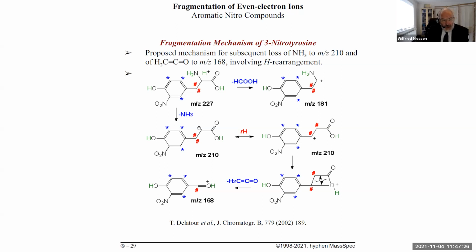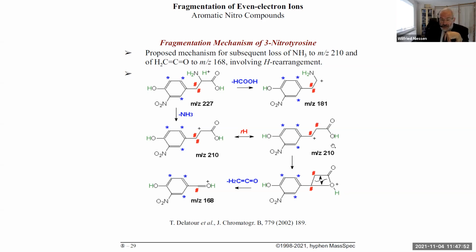I would expect that the charge would rearrange from the beta position to the alpha position, because then it's better stabilized by the aromatic ring. If we do so, we get an alternative structure for the 210, and for the alpha-alpha D2 labeled substances, that means that one of the deuteriums is actually moving to the beta carbon.